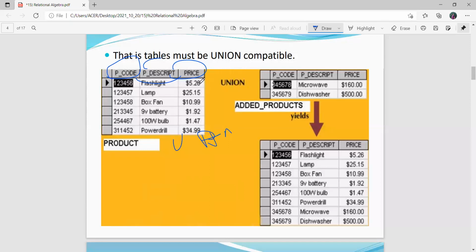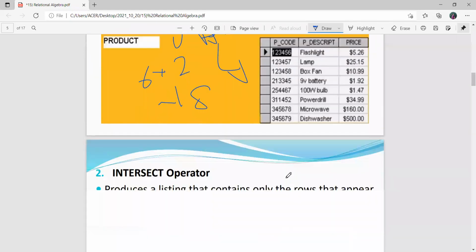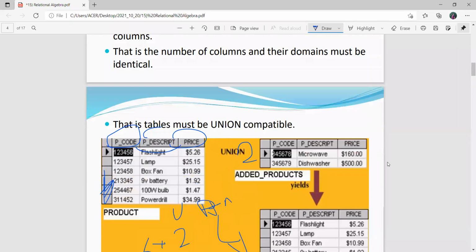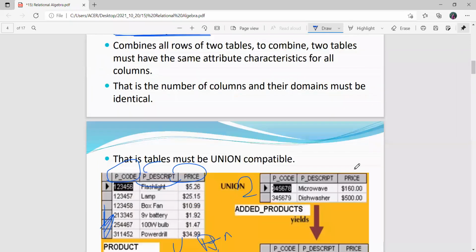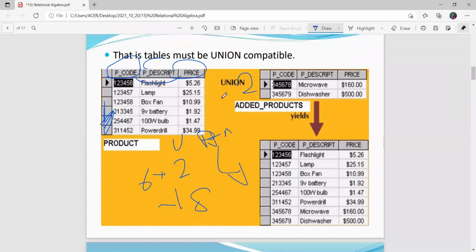This table consists of 6 records, and this table has 2 records. After performing the union operator, you can see a table with 8 records. 6 plus 2 is equal to 8. So you can use the union operator to combine two tables with the same characteristics. Is it clear?